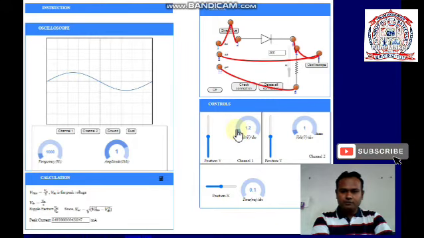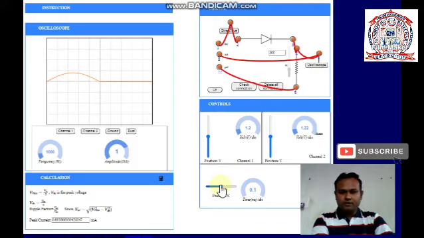So I set it to 1.2, and here from channel 2 you can set the scaling. I also set it to 1.2. And here you can adjust the position X, time per division.